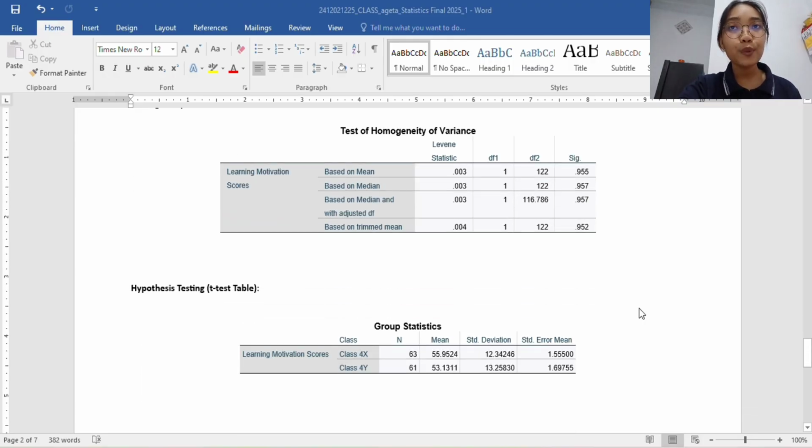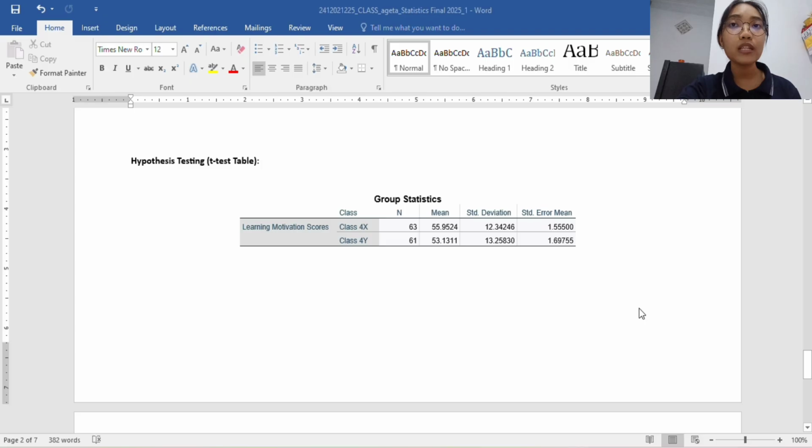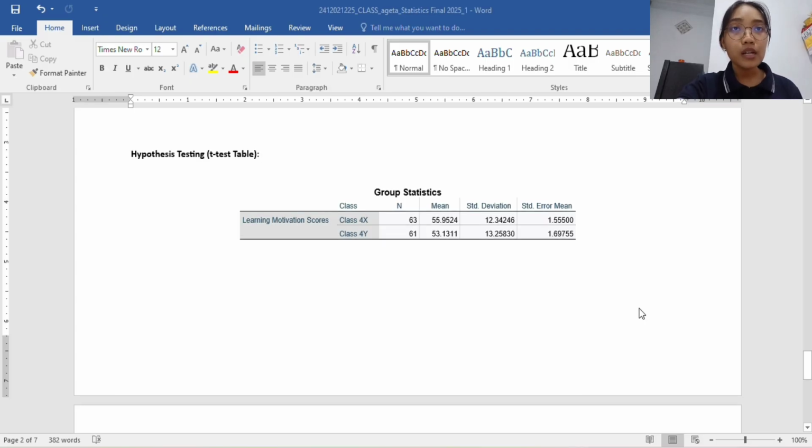Next is hypothesis testing, or the t-test table. First, there is the group statistics. Since we want to see the difference between the two groups, we need to look at their mean scores. The mean learning motivation score for class 4X is 55.95, while for class 4Y it's 53.13.